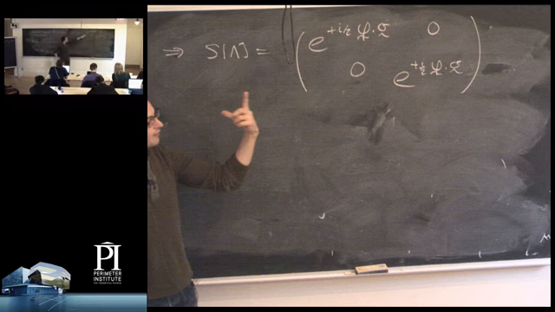So what is this telling us? We have a 4-component Dirac spinor. This is telling us if we rotate by an angle varphi, this is how you act on that particular spinor. Okay. Is this clear? No? Yeah?